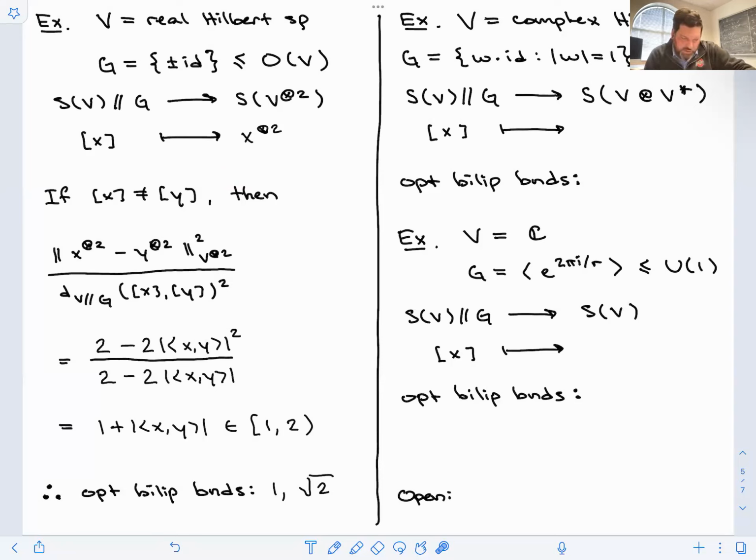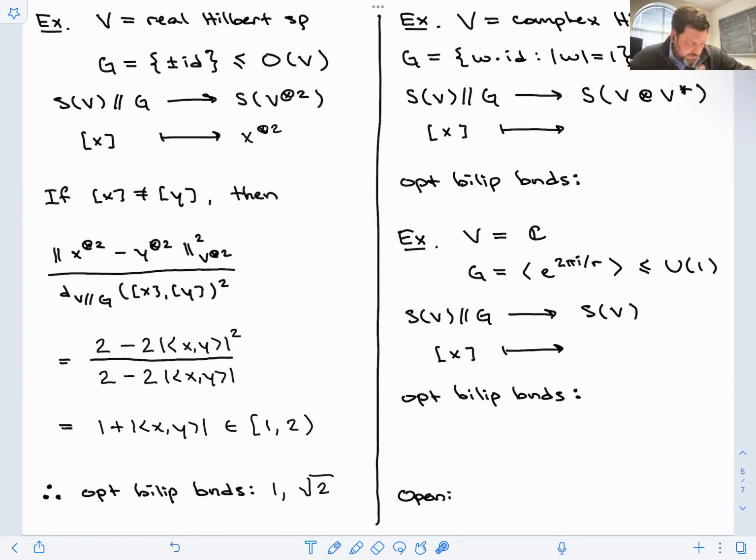There's a similar story for if V is a complex Hilbert space. I told you that I'm always thinking of a real Hilbert space, but every complex Hilbert space descends to a real Hilbert space just by taking the real part of the inner product. And then the unitaries become orthogonal matrices in that double dimensional real Hilbert space.